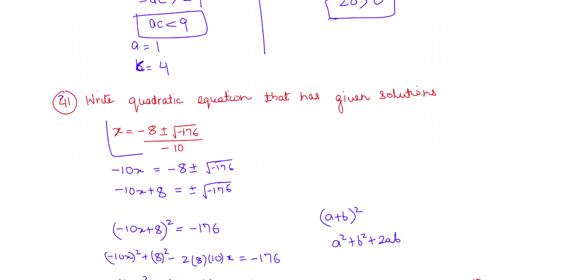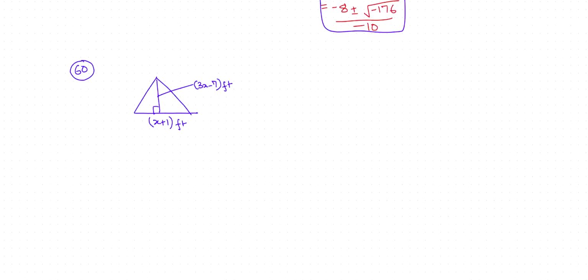Okay, let's do one more problem. In question 60, the area of a triangle is given as 8 feet square, and using quadratic equations, we have to find the value of x. We know that the area of a triangle is half base times perpendicular height.